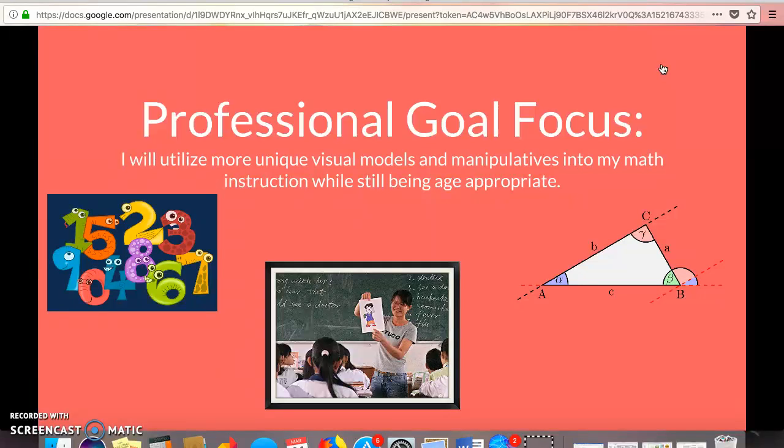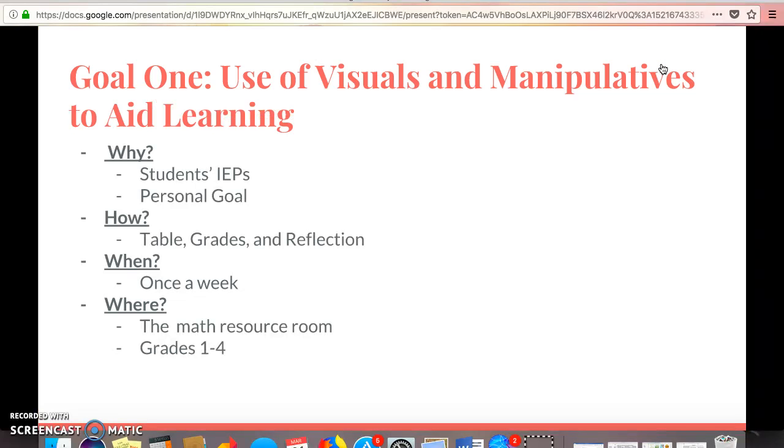And my kids in fourth grade are diving deeper into more abstract subjects, so I wanted to make sure that I could support them visually, because most of them benefit from visual models, in a way that was unique, catered to their needs, and was still appropriate for being in fourth grade. So yeah, let's dive into that.